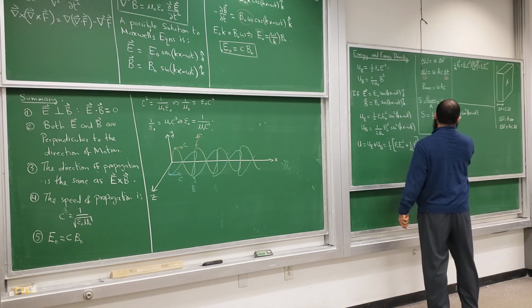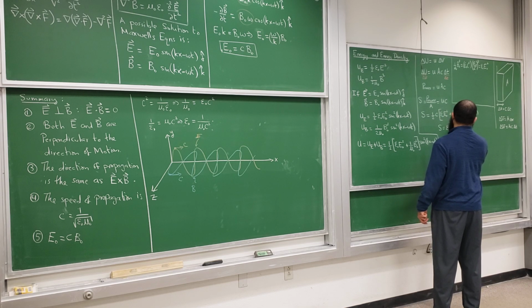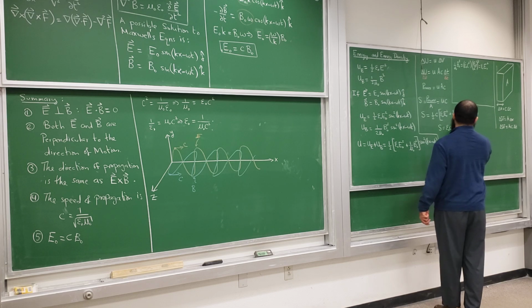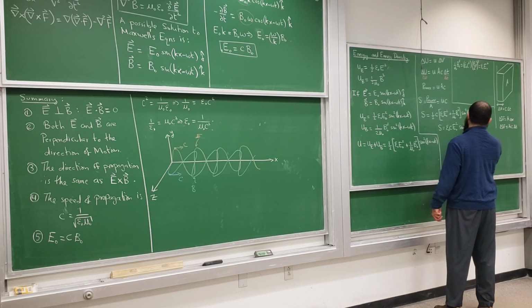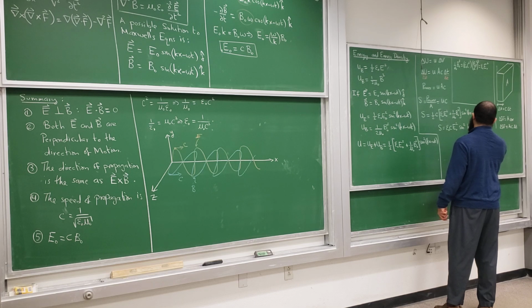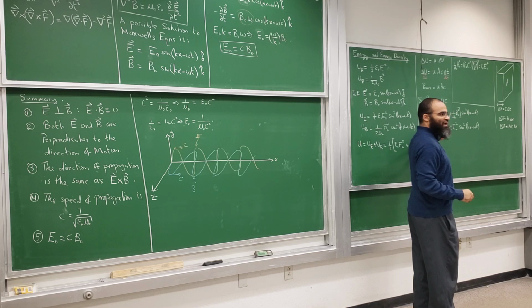So we get then S will equal to just epsilon naught C E naught squared sine squared of kx minus omega times t. Again, what does S represent? Power over area, right? That's what S is.